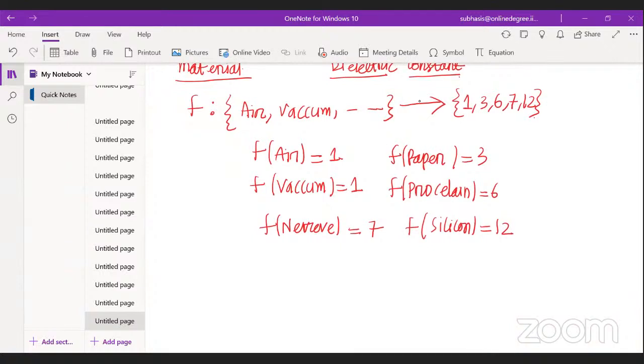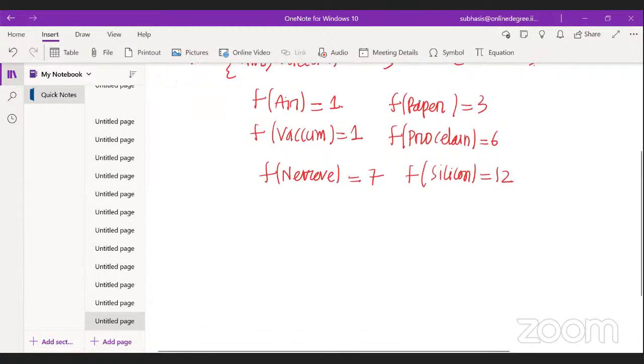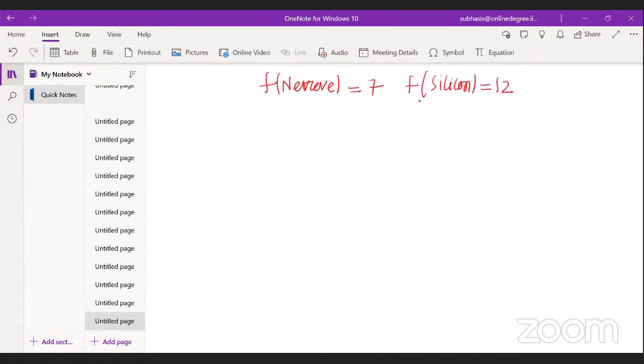First tell me whether this function is 1-1 or not. Sir, it is 1-1. Why is it 1-1? What is the definition of 1-1?